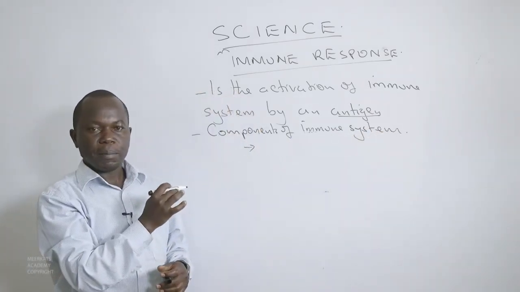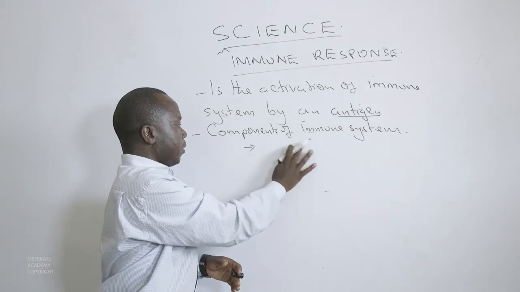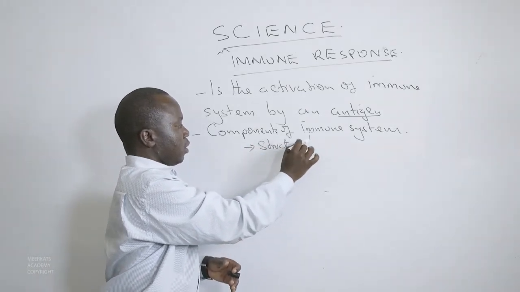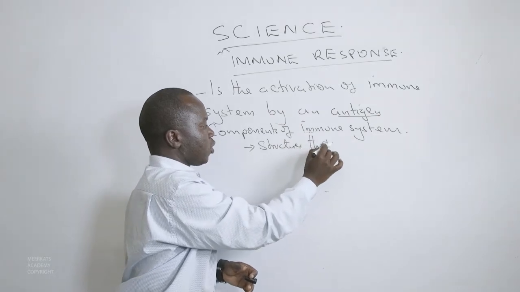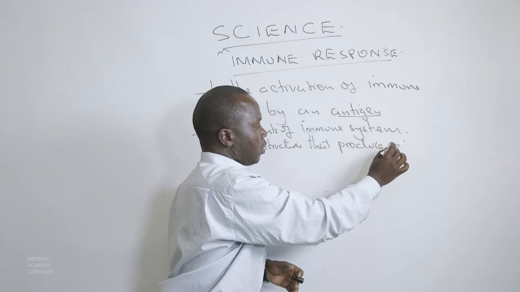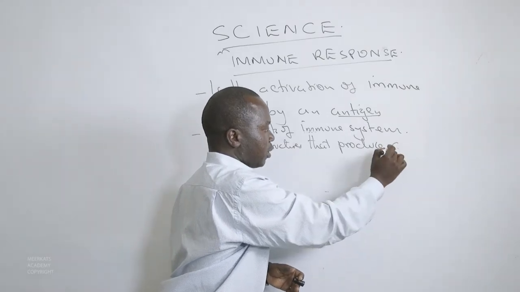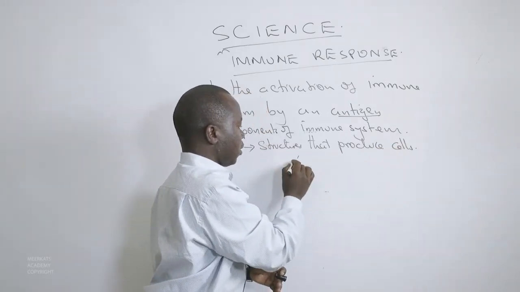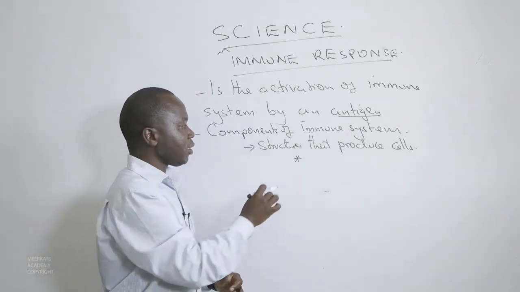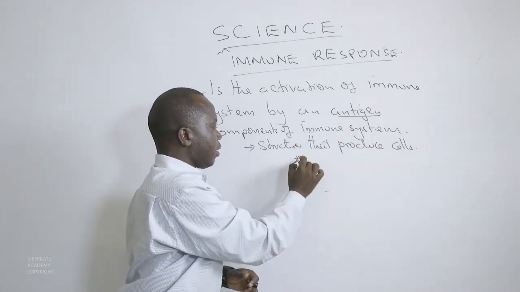So it's mainly made up of structures that produce immune cells. The major part that produces immune cells is the bone marrow.